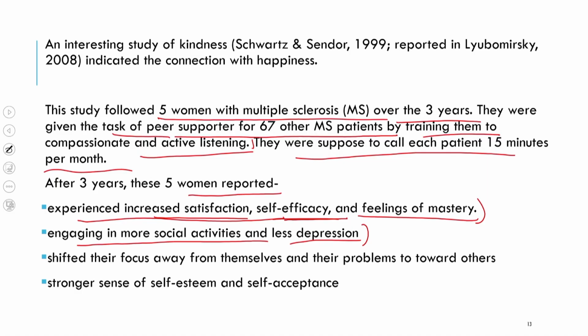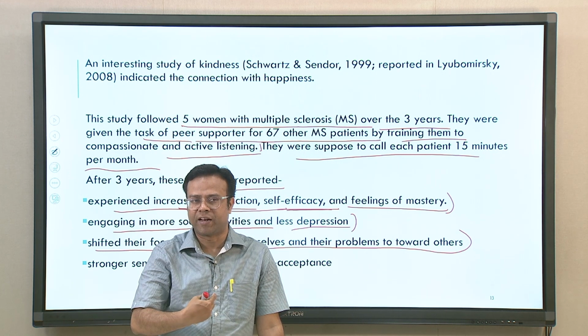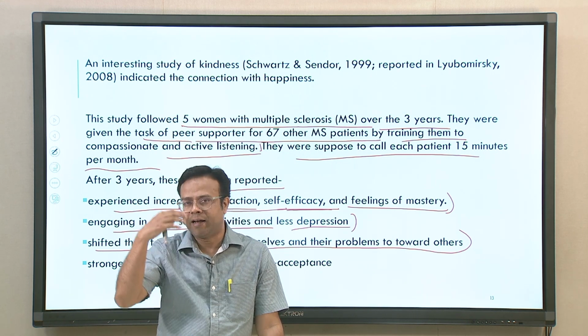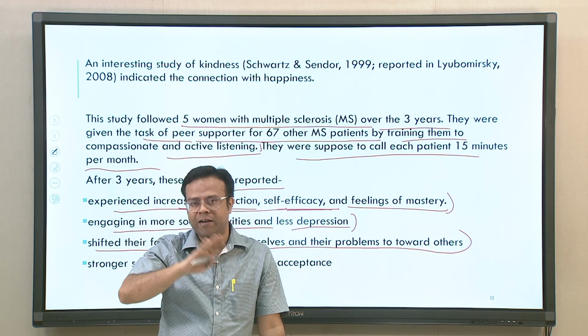This activity also shifted their focus away from themselves and their problems towards others. This whole task of helping someone or listening to the stories of other people shifted focus from themselves and the problems of their life because of this disease, to someone else's problems. That shift actually helped them a lot.